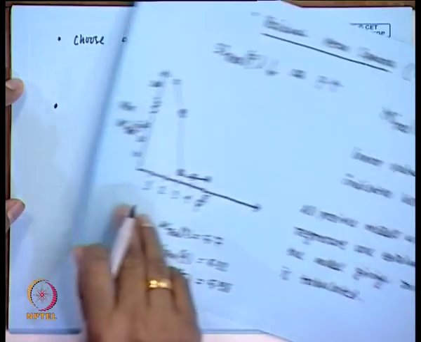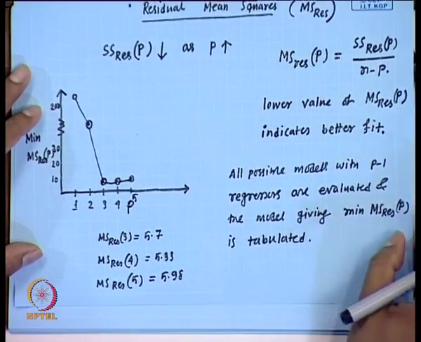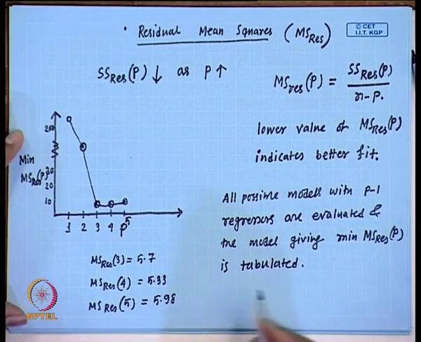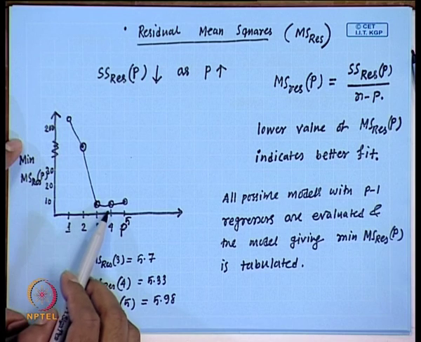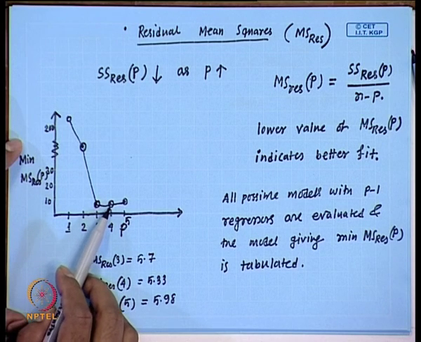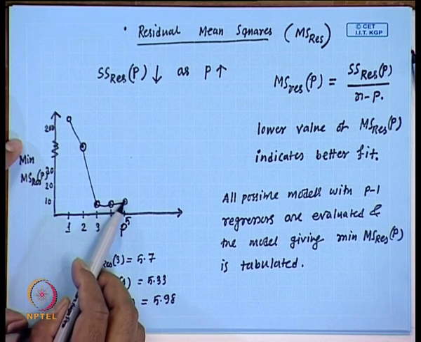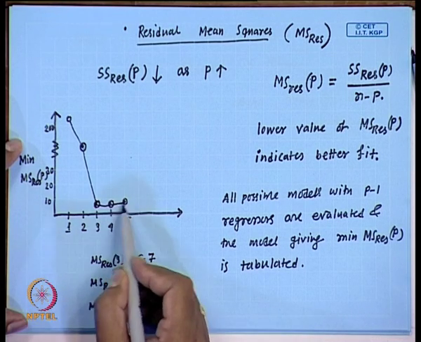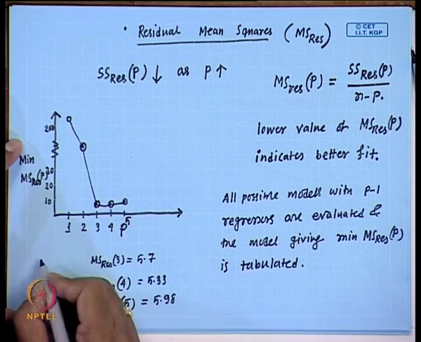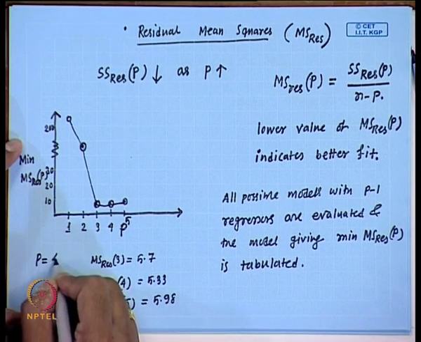So, here you can see that MS residual decreases till p equal to 4 and then it turns upward, because for 5 the value is again more than the value for p equal to 4. So, here it turns upward. So, here you can choose p equal to 4.